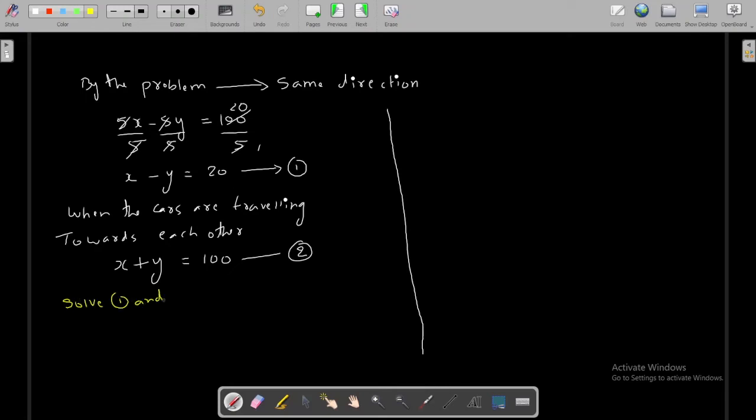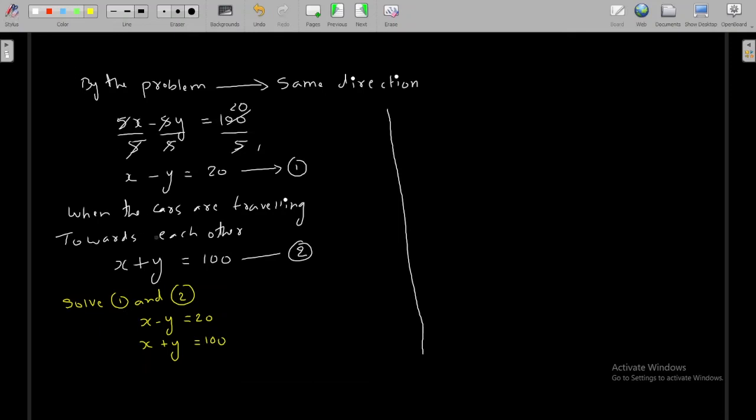Solve 1 and 2. So what I will get: x minus y is equal to 20, x plus y is equal to 100. So if I simplify, I will be getting 2x is equal to 120.